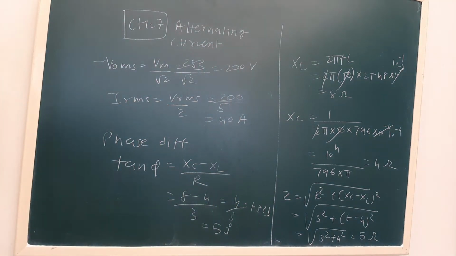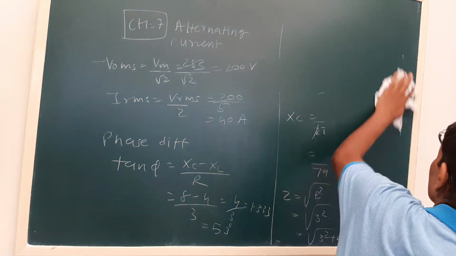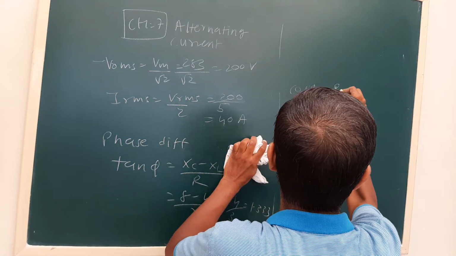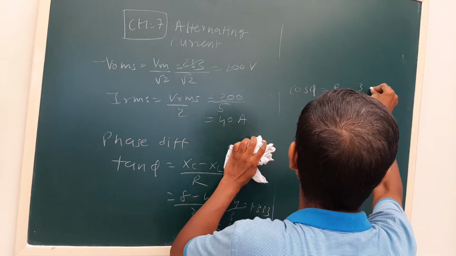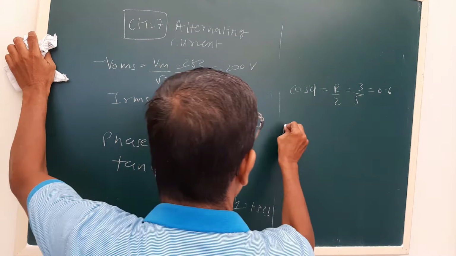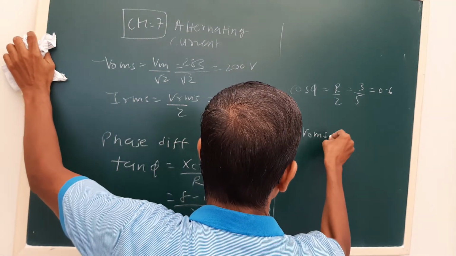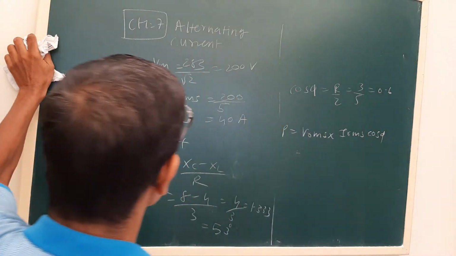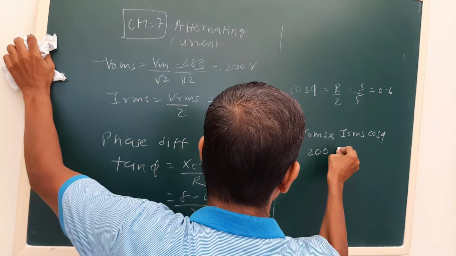Now see the power. See cos phi is R by Z. The power in the circuit is VRMS, IRMS, cos phi. VRMS is 240.